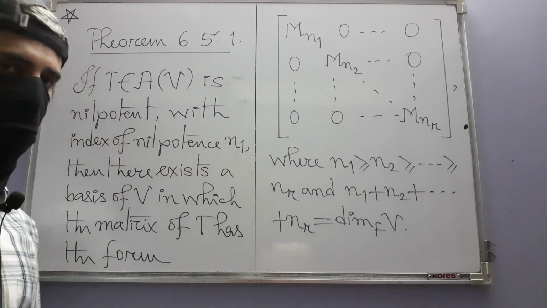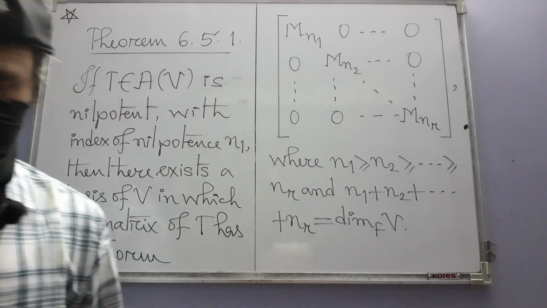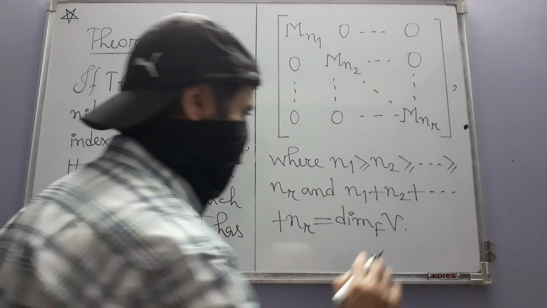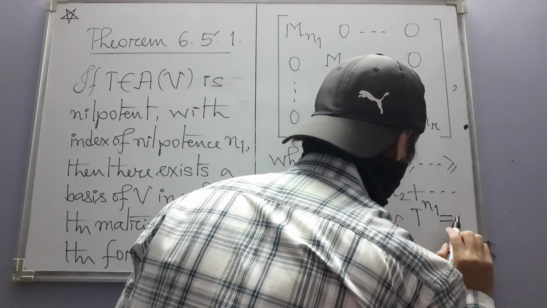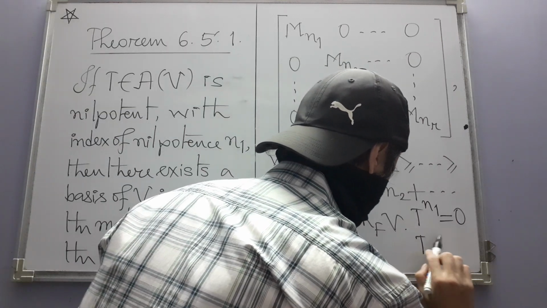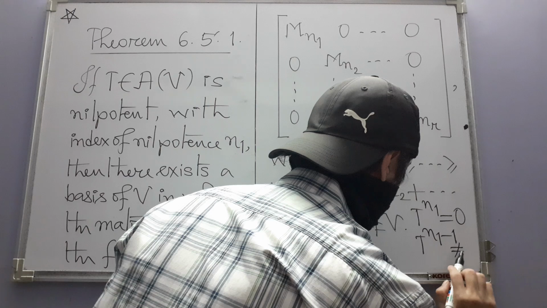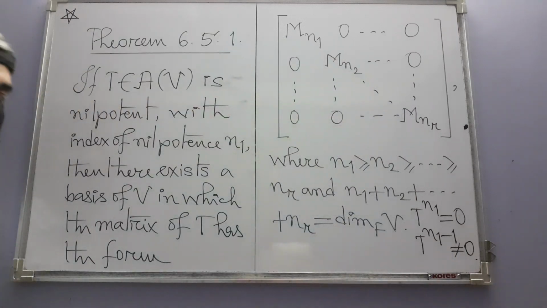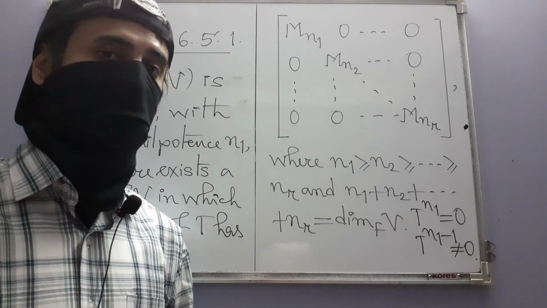Index of nilpotence is n1. What does it mean? It means that the n1th power of T is the zero operator, but the n1 minus 1th power of T is not the zero operator. That's what it means. And n1 is a positive integer.